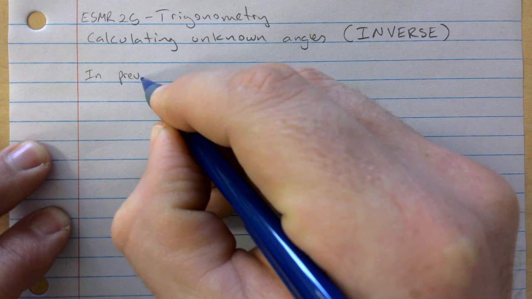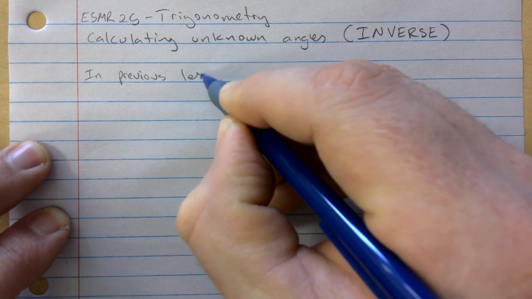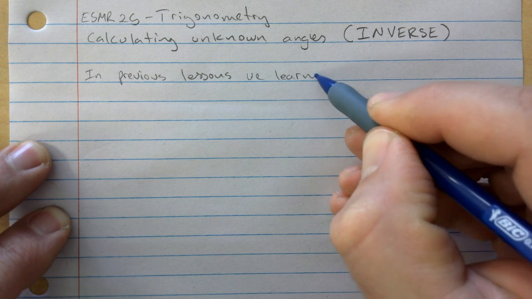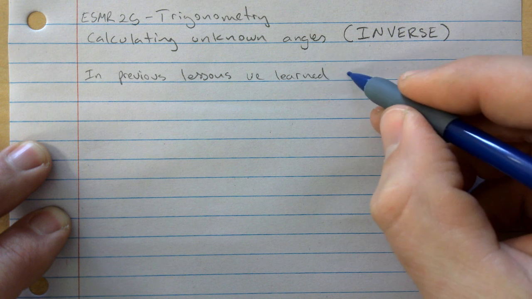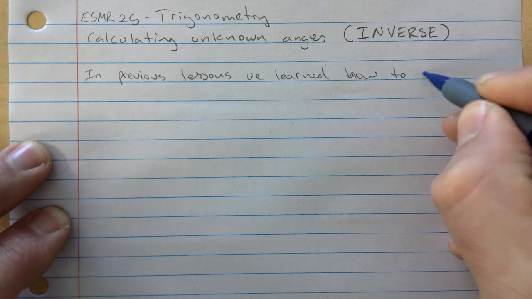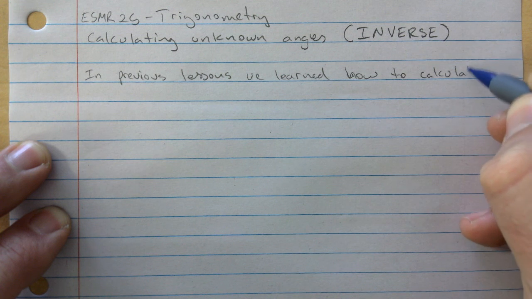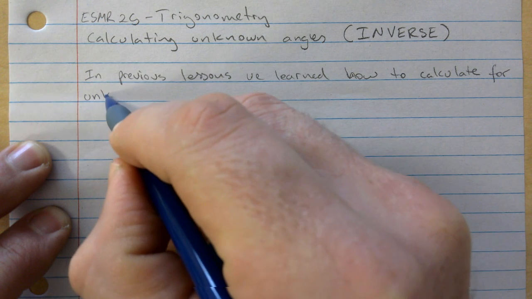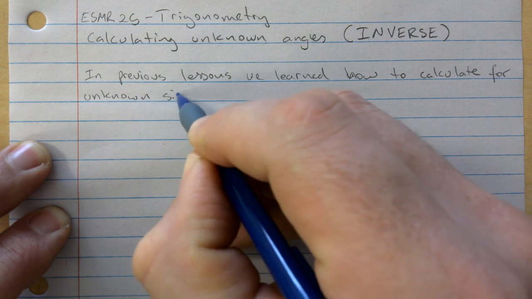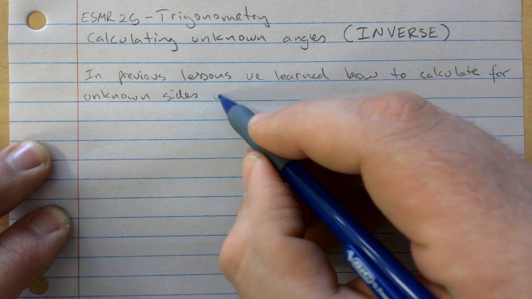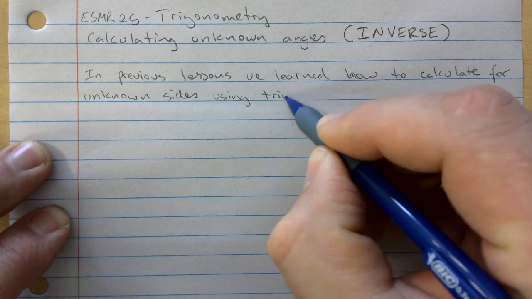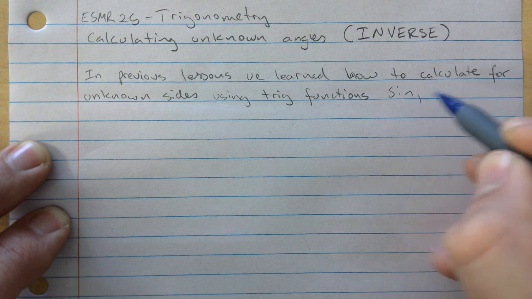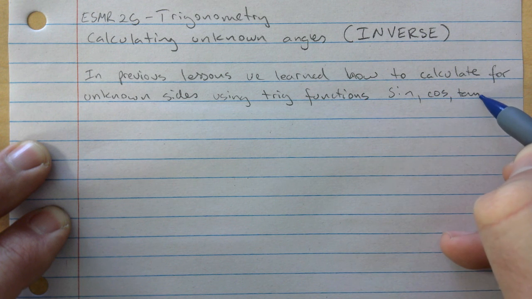Okay, so let's start taking notes. In previous lessons, we learned how to calculate or solve for unknown sides using trig functions, sin, cos, and tan. That's for short, right?